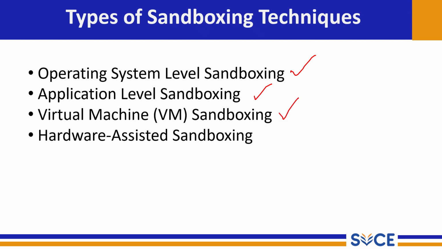This creates completely isolated environments with their own operating system, and VMware Workstation and VirtualBox are popular tools for this approach. The last one is hardware-assisted sandboxing, where some modern processors include hardware features that enhance the efficiency and security of sandboxing.